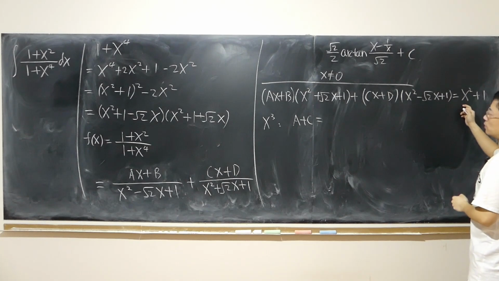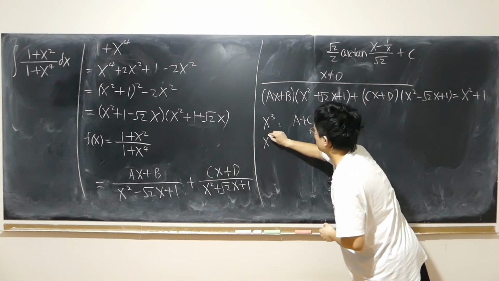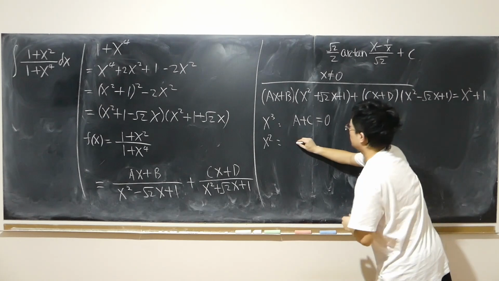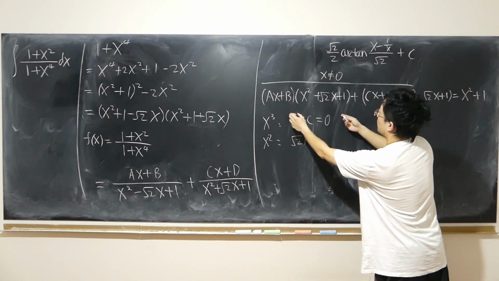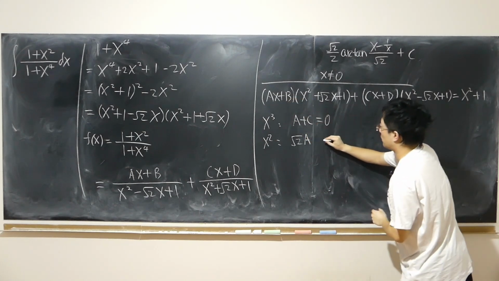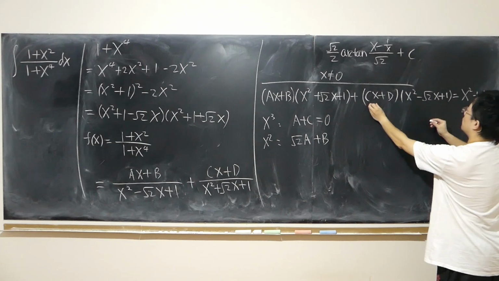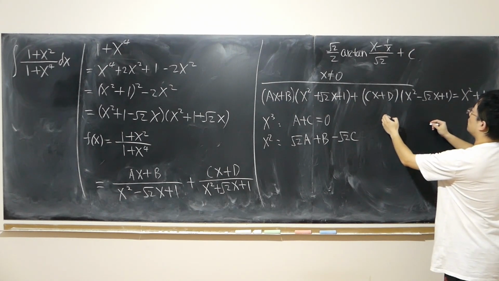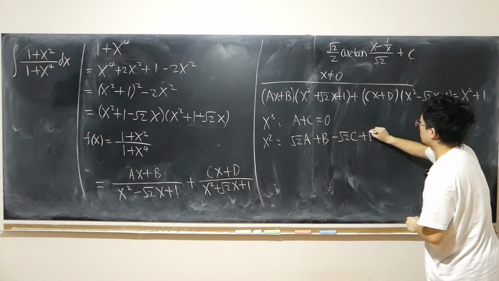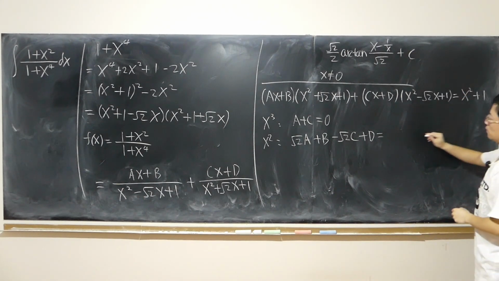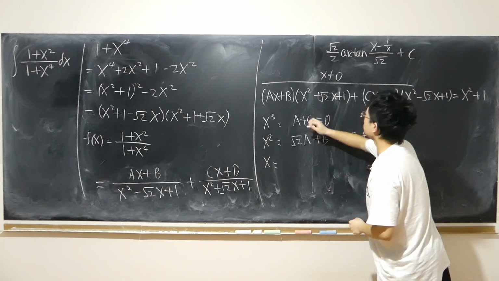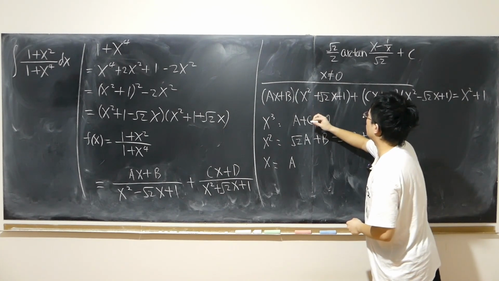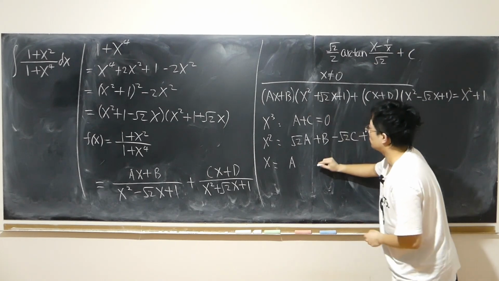There's no cubic term on the right, so it equals 0. For the x squared term: square root of 2 times a, this times that giving b, also square root of 2 times c with a minus, and d, equal to the coefficient 1. The x term is a, and also square root of 2b.